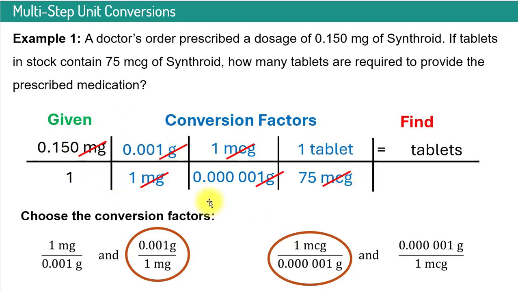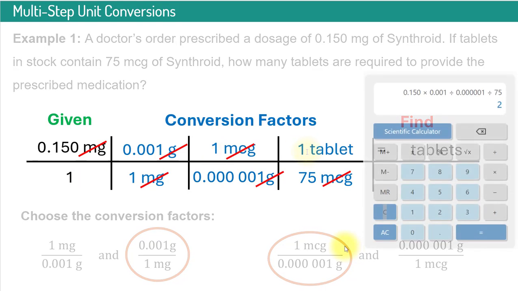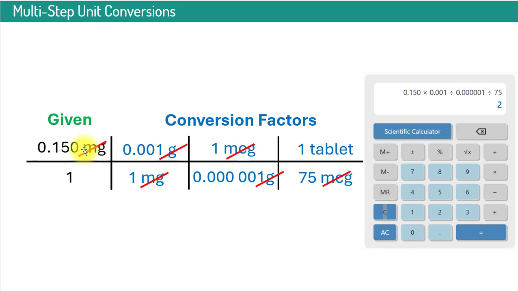Let's recall that we multiply by the numbers written in the numerator, and we divide by the numbers written in the denominator. And also ones can always be ignored, they don't change the answer. So to perform this computation on the calculator, I go in order. I start with the first number, 0.150. Then since next fraction has number in the numerator, I will multiply by it, times 0.001.